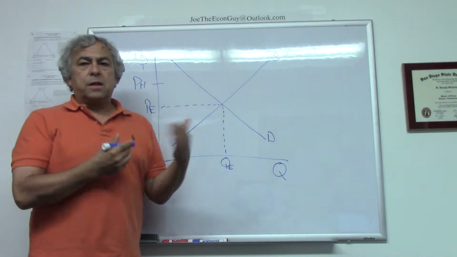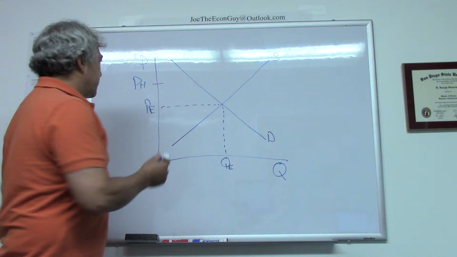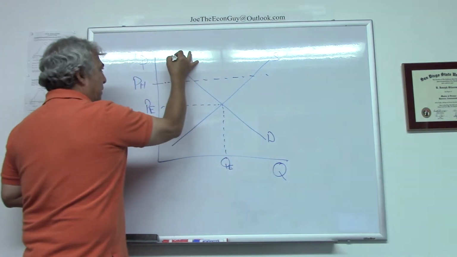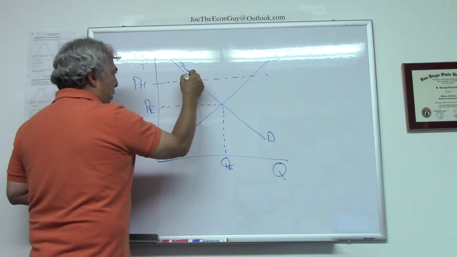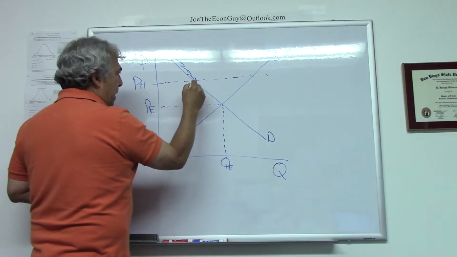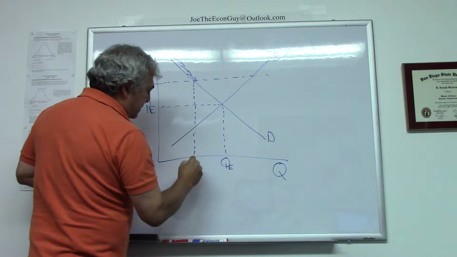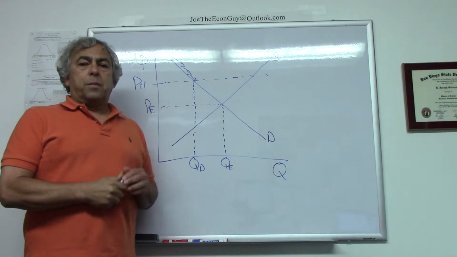Okay, so how is a high price in the market going to affect consumers and producers? What we're going to do is move down the demand curve from left to right. We're going to look at how buyers in the market behave. They're going to move down the demand curve until they encounter P high. And then over here we'll drop a line down to the quantity axis, and this is quantity demanded. Okay, what about sellers? What about producers?